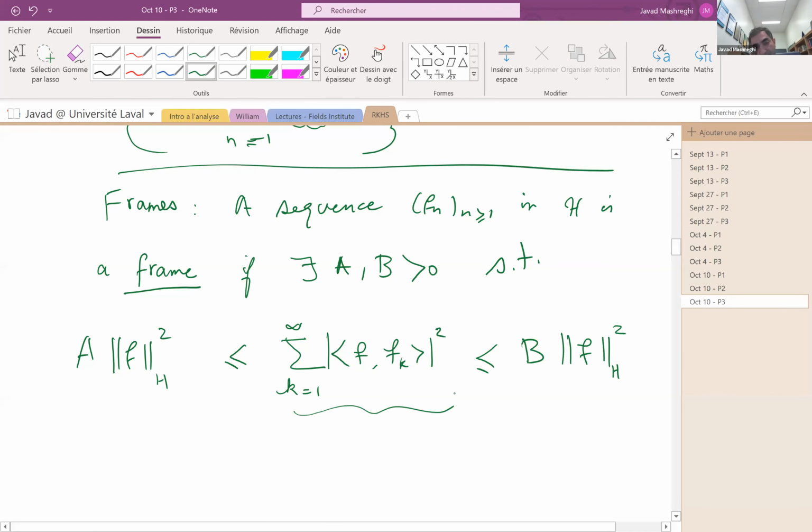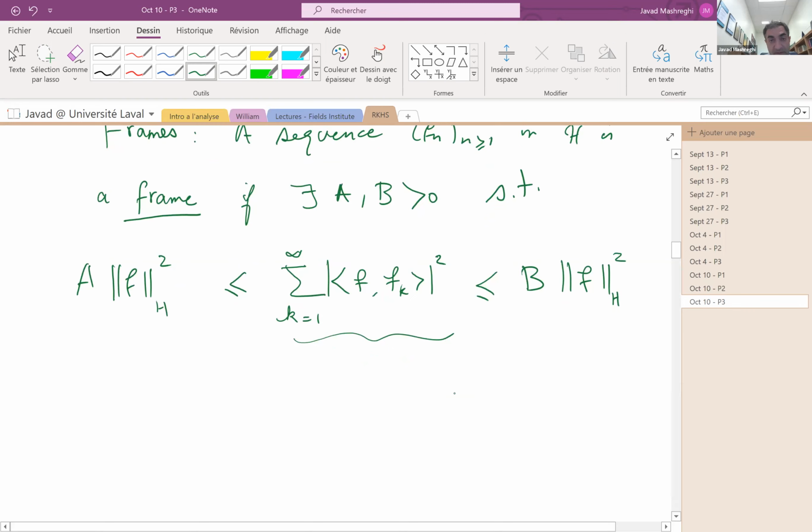Again, you see what's here. This is a map from the space H into L2, not from L2 to H, from H into L2. Let's map from H to L2, which maps f to the sequence of f inner product fk. The kth component here is in L2.